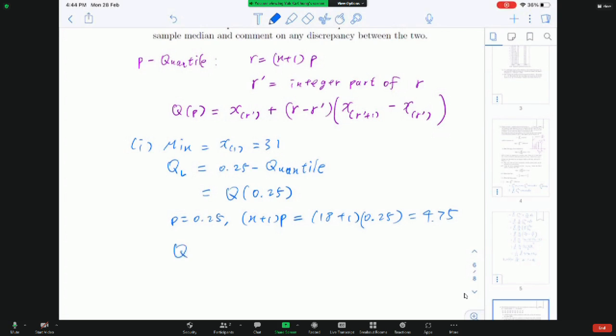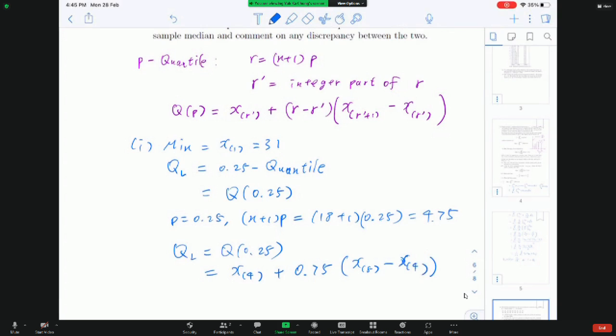So we take the 4th smallest number here. So Q is equal to the 4th smallest number, which is determined according to the integer part of this index, added to the fractional part, which is 0.75. R minus R prime is the fractional part of the index, which is 0.75, multiplied by the difference between the 5th number and the 4th smallest number.